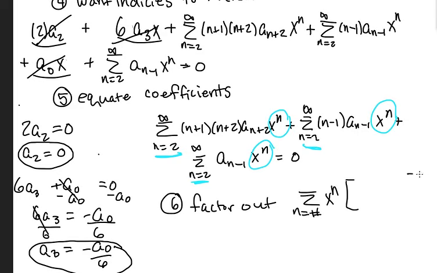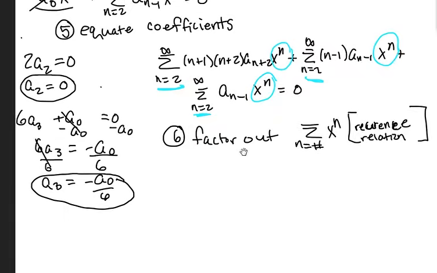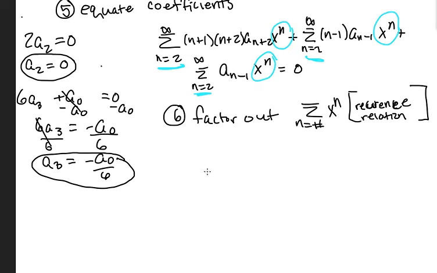And then in here, we're going to get our recurrence relation. Recurrence relation, okay? So in this case, we're factoring out x to the n.